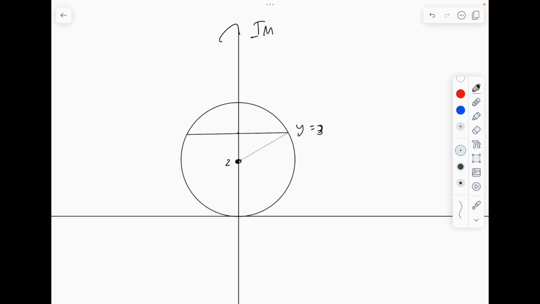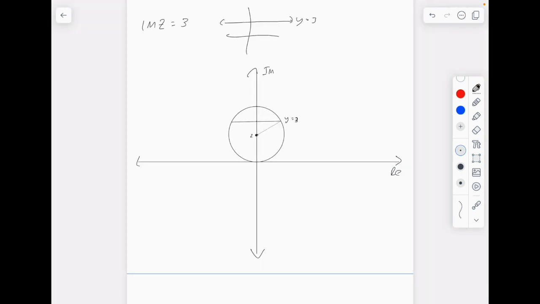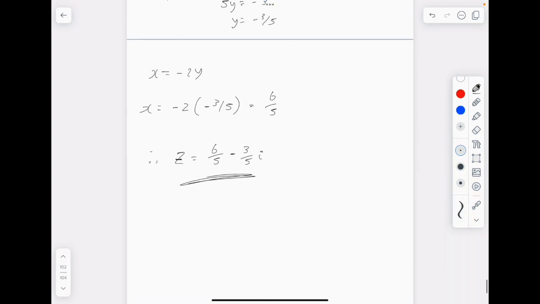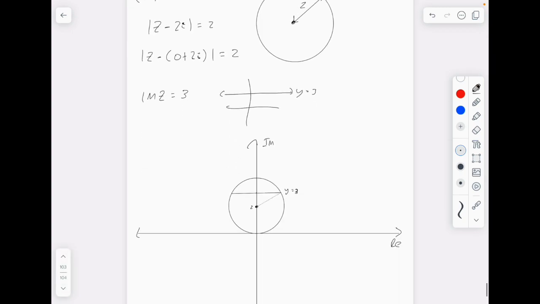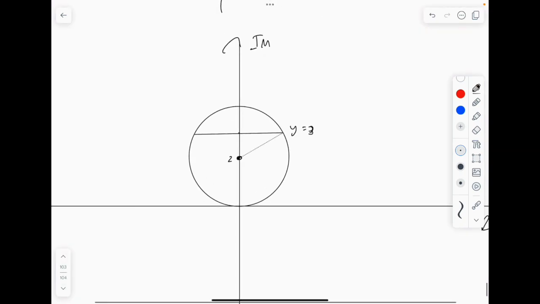Let me just see if there's anything else. Sketch, yes. Okay, brilliant. Let's put a right angle here, and that's the start for part I.